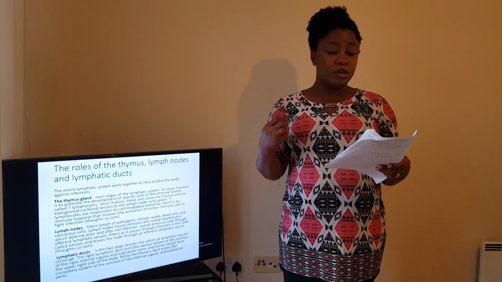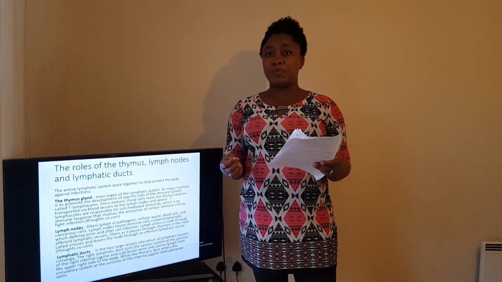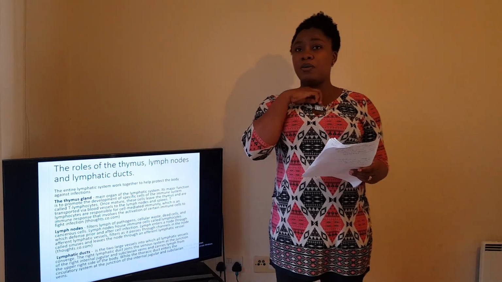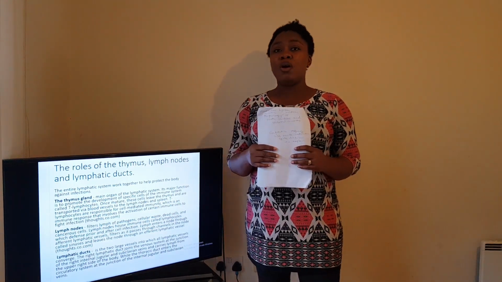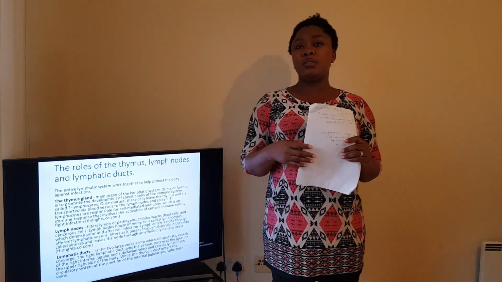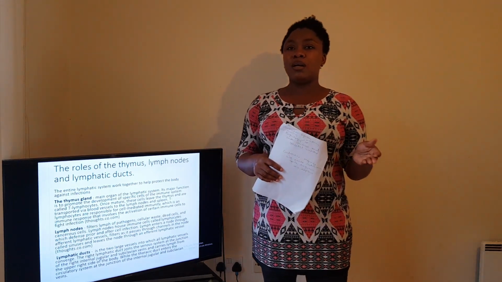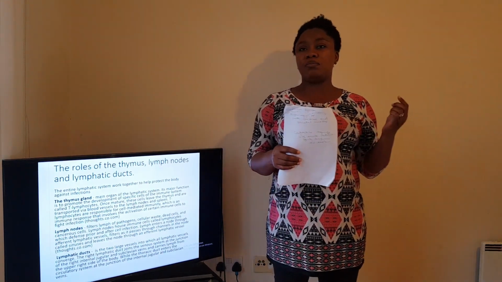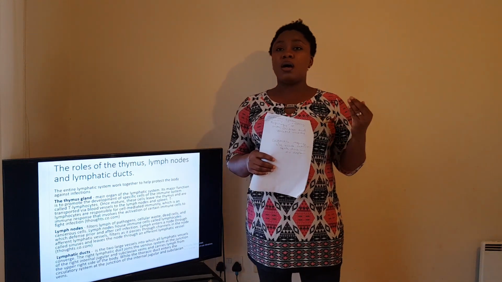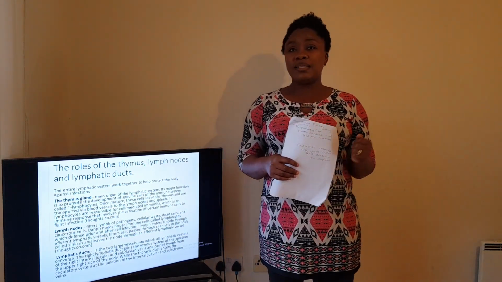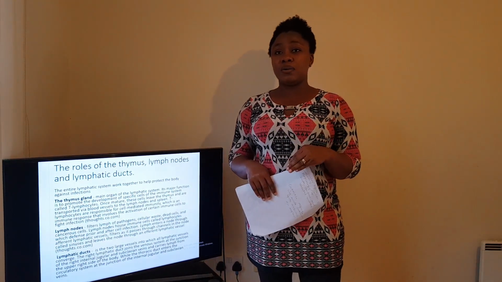And this also brings us next to another important part of the lymphatic system, which is the lymph nodes. It helps to filter lymph of pathogens, cellular waste, dead cells, and cancerous cells.